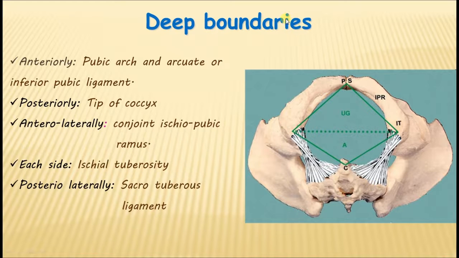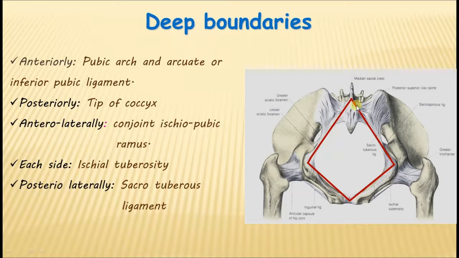So: the lower border of the pubic symphysis, conjoined ischiopubic rami, ischial tuberosity, the sacrotuberous ligament, and then the tip of the coccyx. It is diamond shaped because it corresponds to the shape of the pelvic outlet, and it is situated immediately below the pelvic outlet.